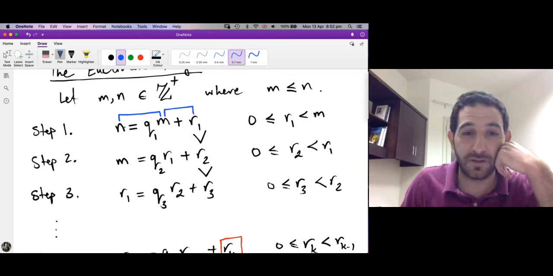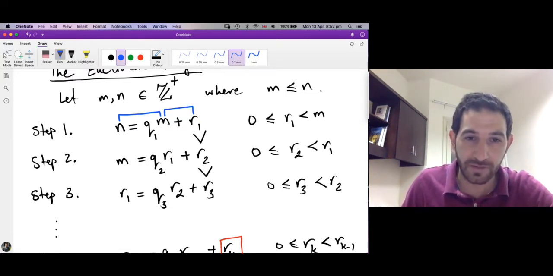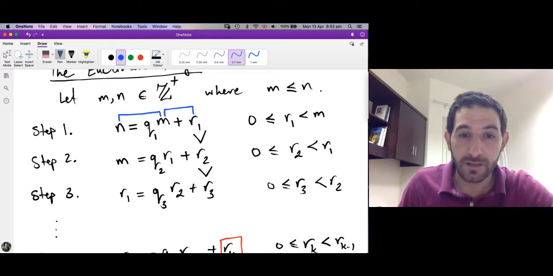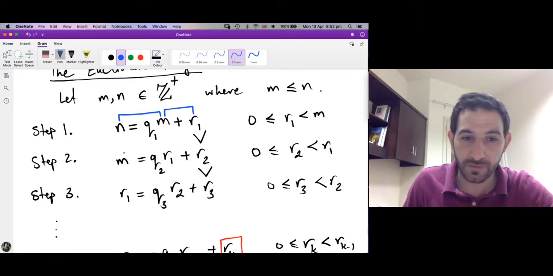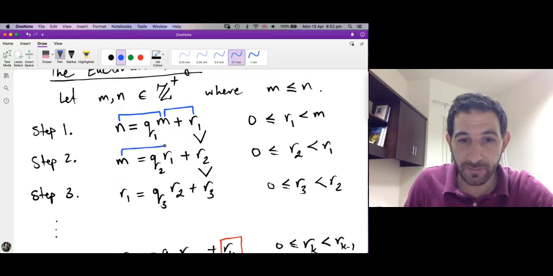So the GCD of n and m is equal to the GCD of m and r1. We will prove this later, but believe me for now. And similarly, if you write numbers in this form, then the GCD of m and r1 is equal to the GCD of r1 and r2.